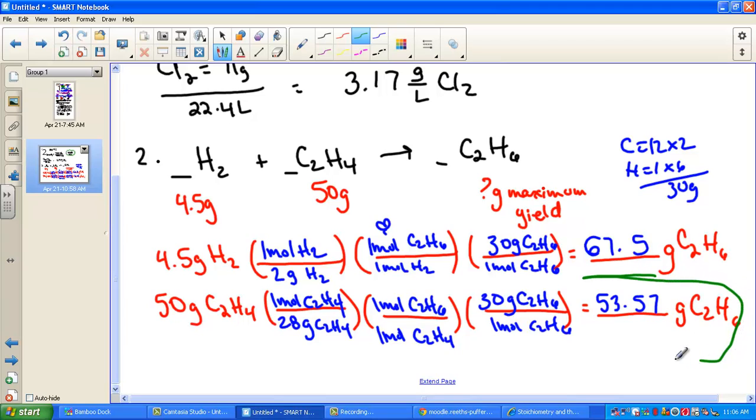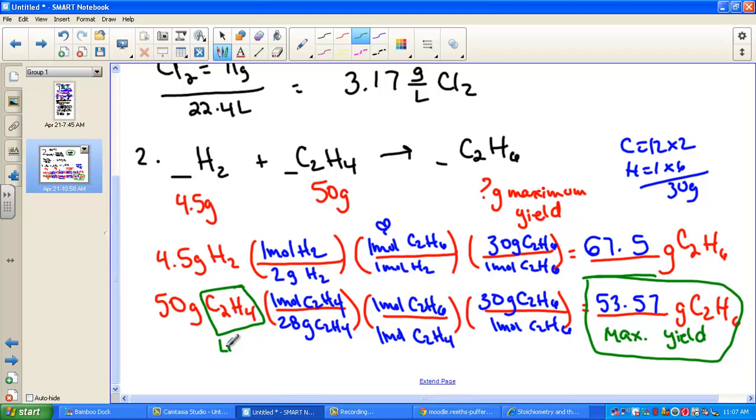So please take the time and circle the maximum yield choice. I cannot give any credit unless you indicate what the final answer is. So one of the answers is that we have produced a maximum amount of product of 53.57 grams. Now keep in mind there was a second part to this question. I wanted you to identify the limiting reagent.